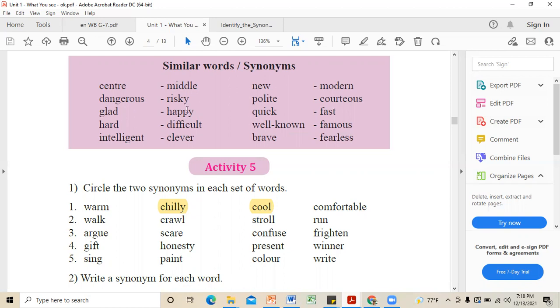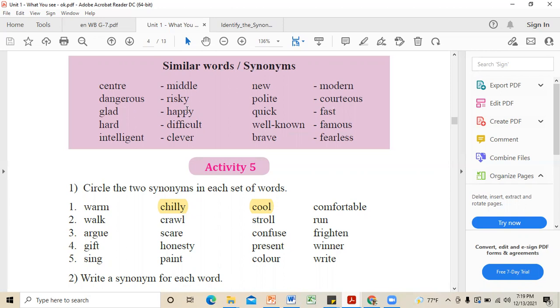What do we mean by dangerous? We can say snakes are dangerous. Why? Because they may bite us, and if they bite, we may even die. So in that case, we can say the snakes are dangerous. Or a similar word would be risky.